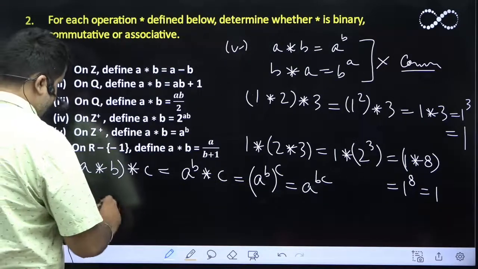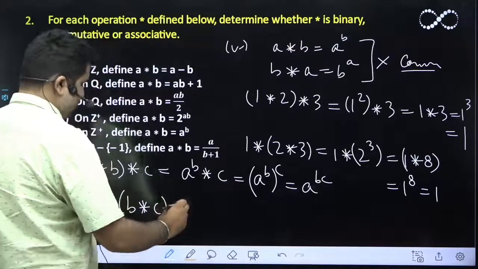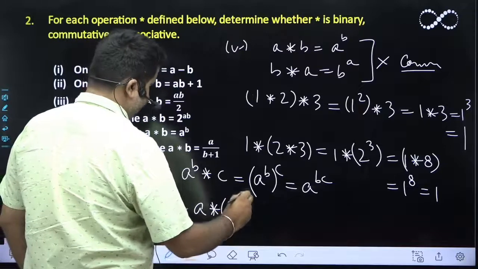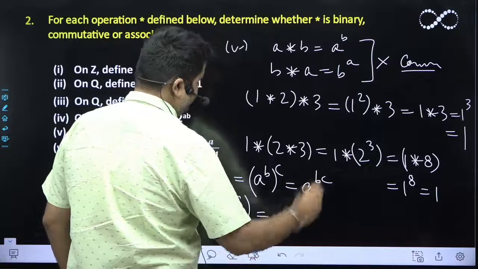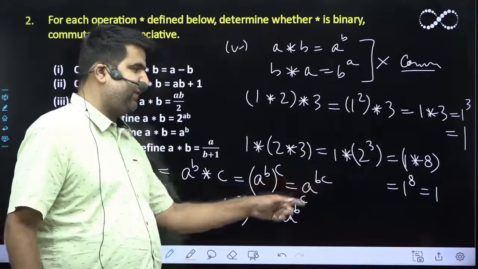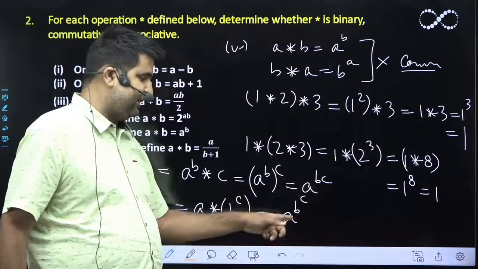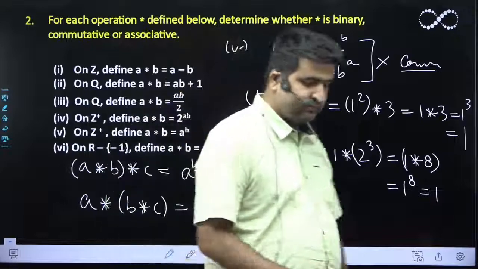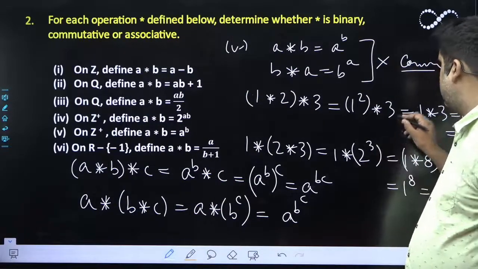If we take (A star B) star C, this is A to the power B star C, which is (A to the power B) to the power C. So there's a difference between these two. This is A to the power BC, this is A to the power B to the power C, right? So that's the difference. So therefore, this is not associative.